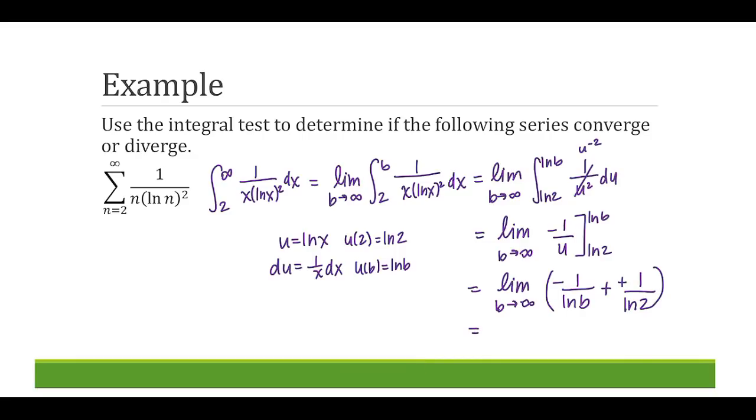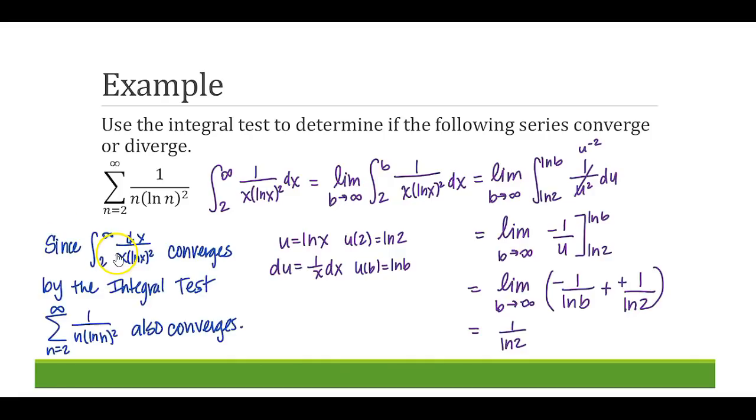So I have 1 over ln 2 as my answer. Since this is a number, we know that the improper integral converges. So by the integral test, the infinite series converges as well. So we write, since the improper integral converges, by the integral test, the series also converges.